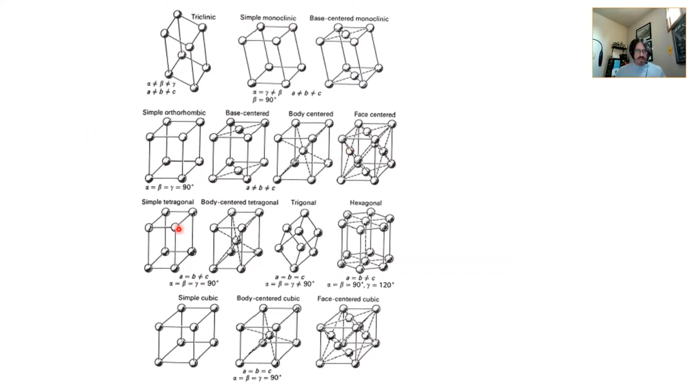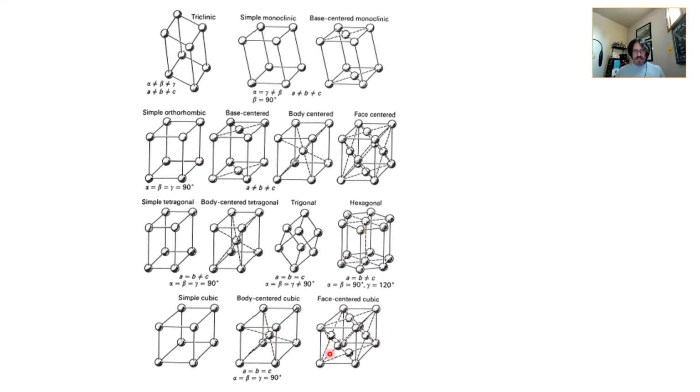We have tetragonal, that's 4, so simple and body-centered tetragonal. 5 is trigonal, sometimes called rhombohedral. 6 is hexagonal, which titanium always pops in my mind. I know there's other materials that are hexagonal, but titanium's my favorite, if you will. And then cubic, so hexagonal 6, and the cubic system is 7.